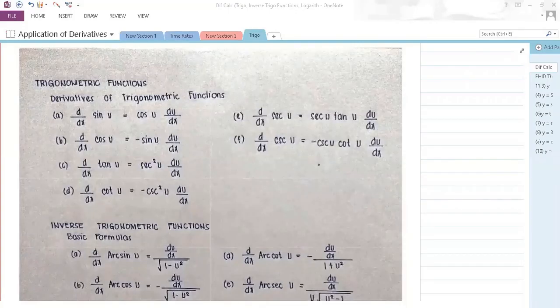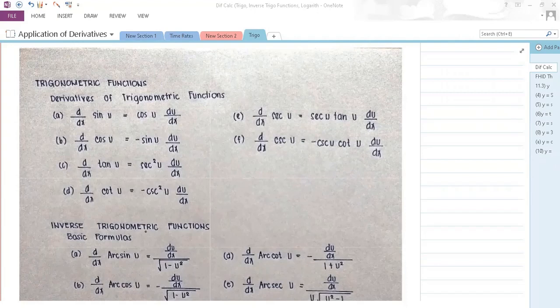Okay, so last meeting, I gave you these notes and told you that you have to memorize the derivatives of trigonometric functions, inverse trigonometric functions, and exponential and logarithmic functions.